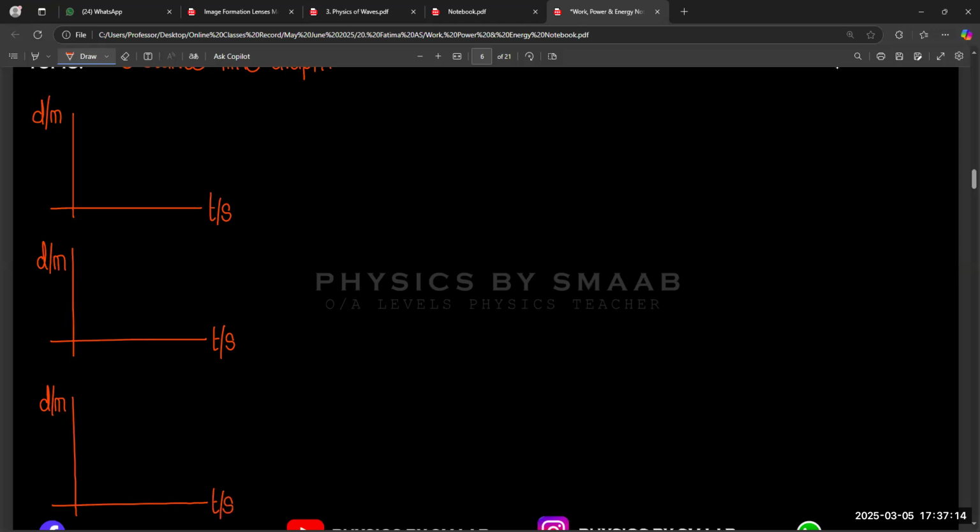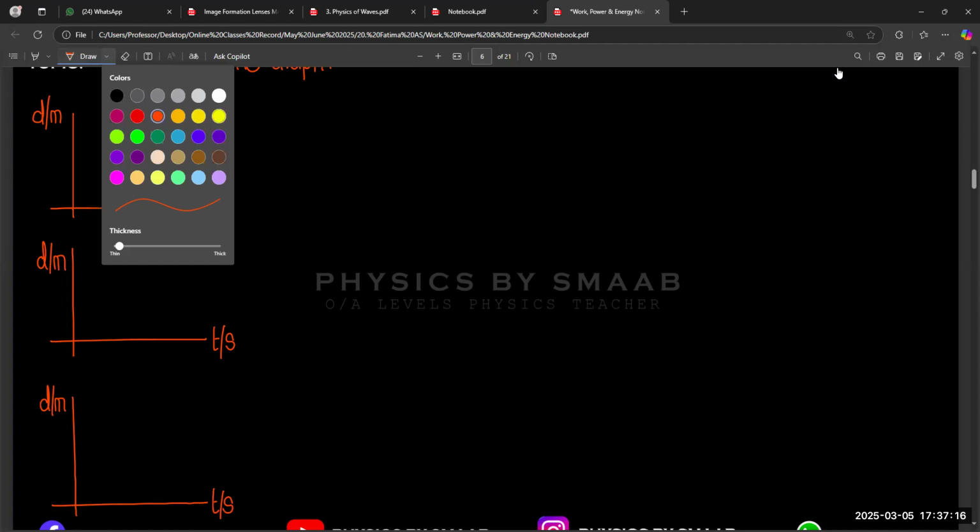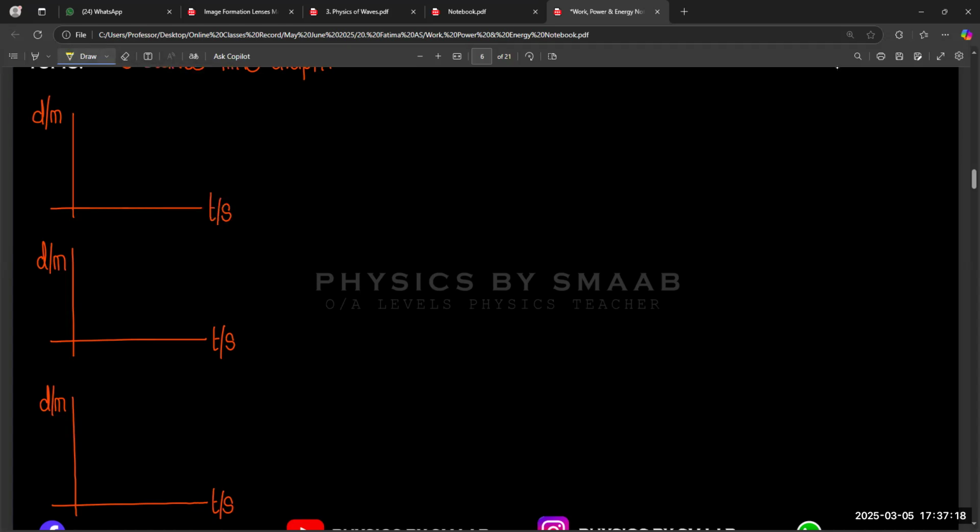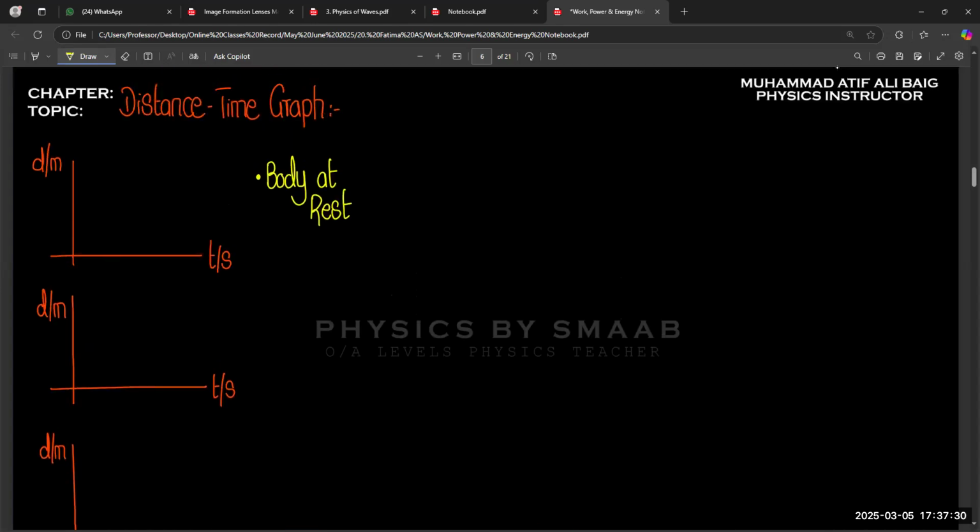For example, in the first graph, if we talk about the body at rest, the position of the body is definitely not changing, only the quantity of time is increasing.